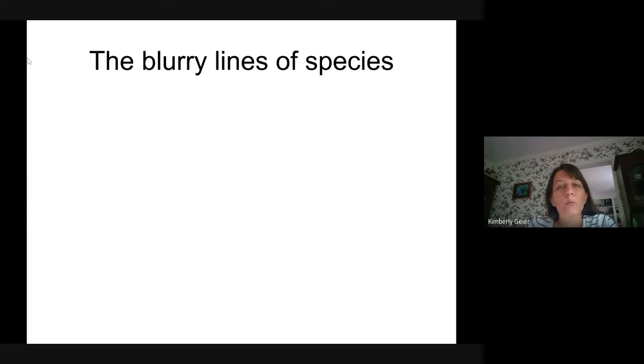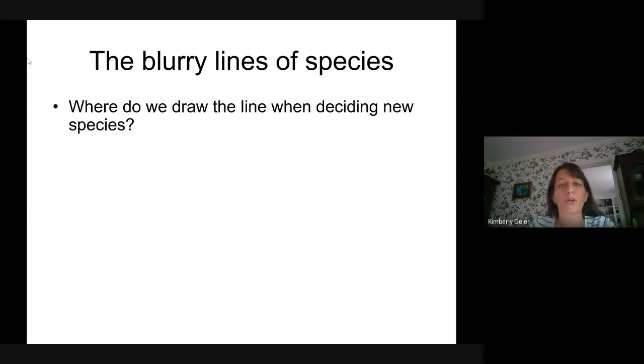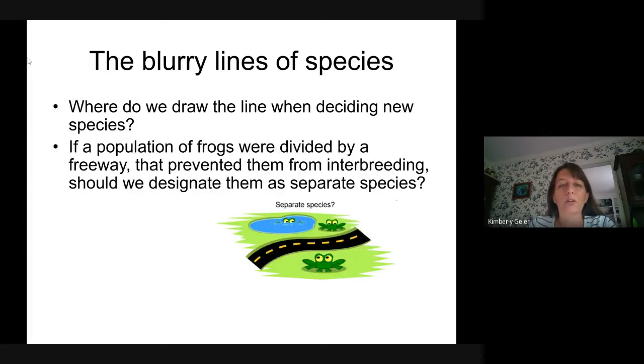But when we're talking about a species, we've been talking about populations that interbreed naturally and have fertile offspring. Sometimes it's hard to say where one species ends and where the next begins. It's kind of blurry. So where do we draw the line? So if we have a population of frogs that gets divided by a freeway, it could prevent them from interbreeding.